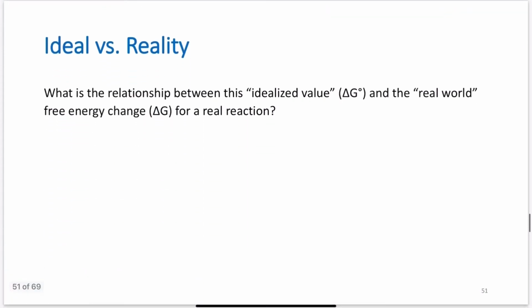So first, what is the relationship between this idealized value of delta G naught, remember that little naught symbol means standard, and the real world free energy change for a reaction? When you see delta G naught like that, it is very specific in what it means. If you have a solid or a liquid, they're in their pure form.